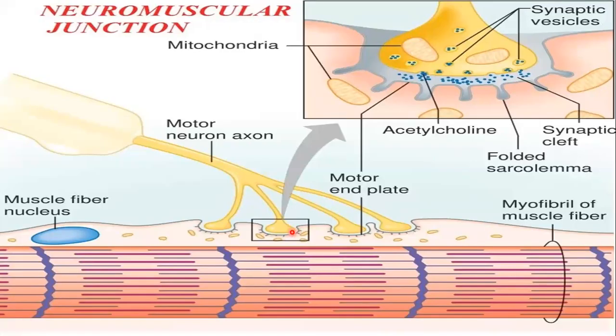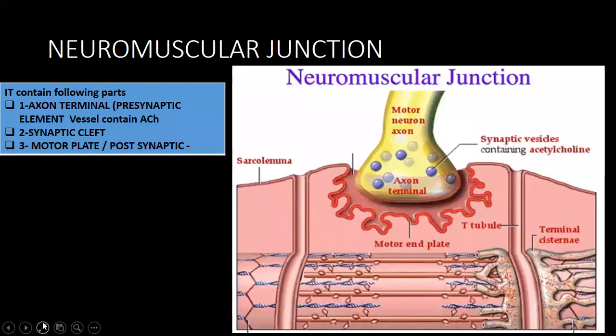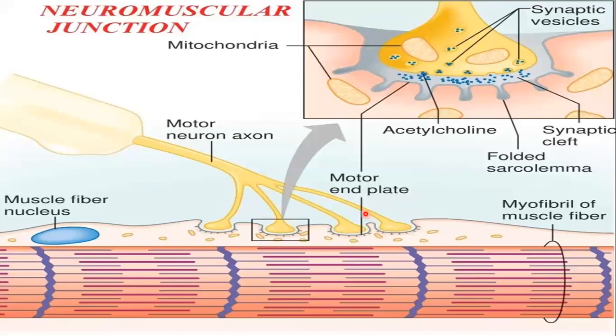Now we'll see the mechanism of neurotransmission. The story begins the same: arrival of the impulse or action potential at the axon terminal. Here we have the axon terminal we saw in the previous slide. Then there is the opening of the calcium channels, which we have already discussed, and calcium moves into the axon.